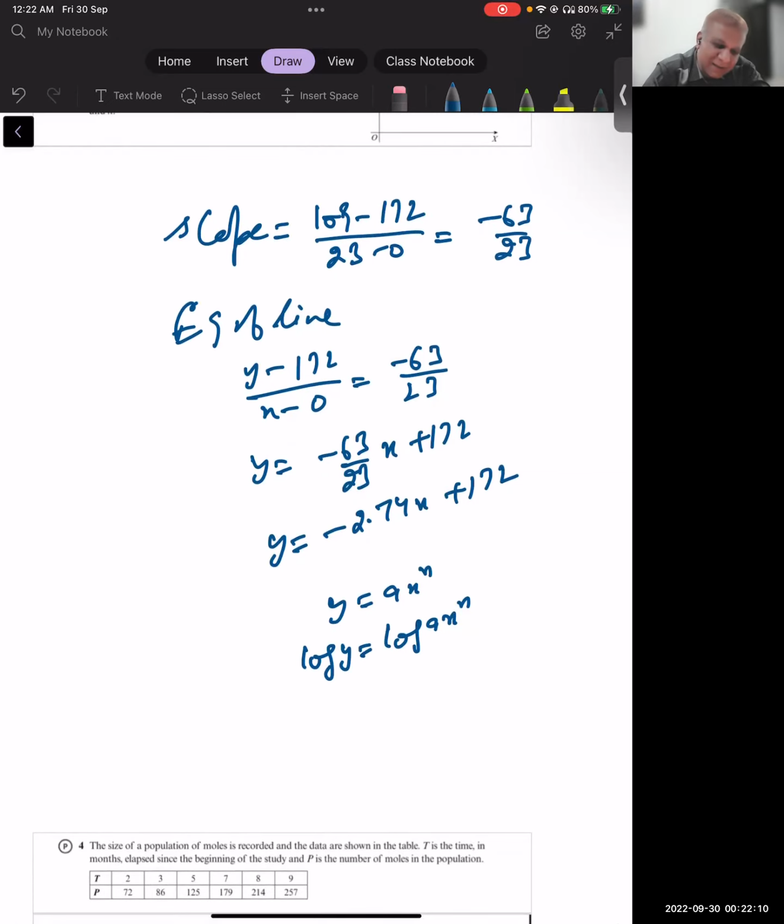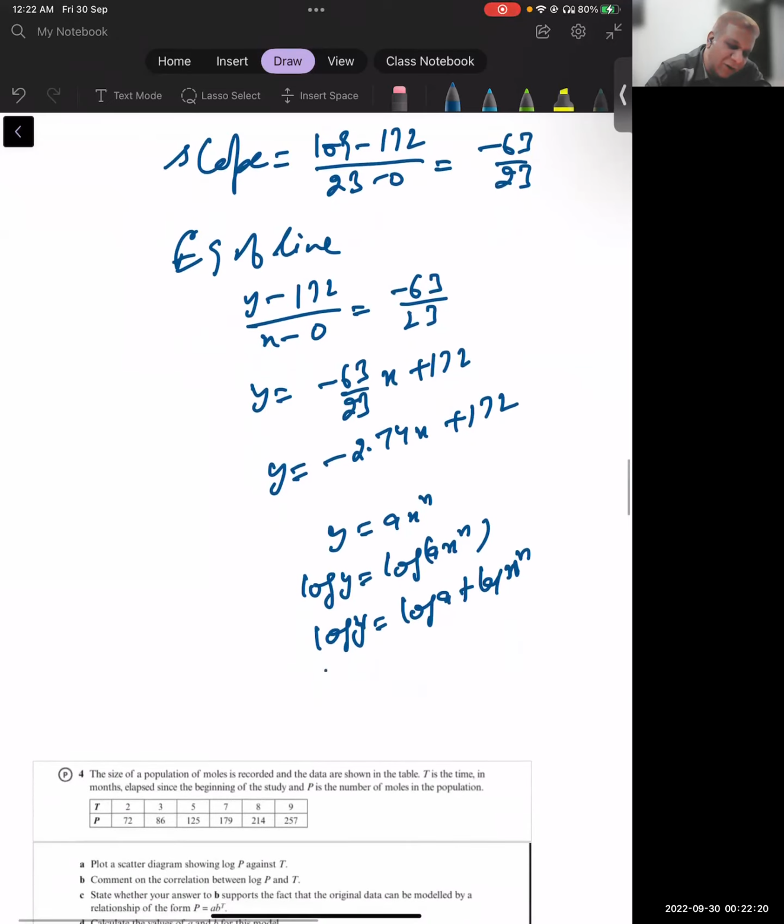Now you can take it to be log y is equal to log a plus log x to the power n. Got it? Log y is equal to log a plus n log x. Log y will be replaced by Y and it will be log a plus n capital X.